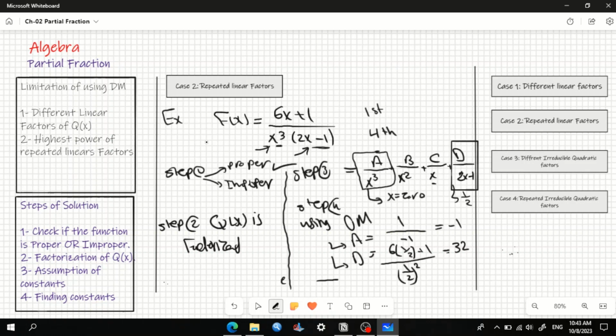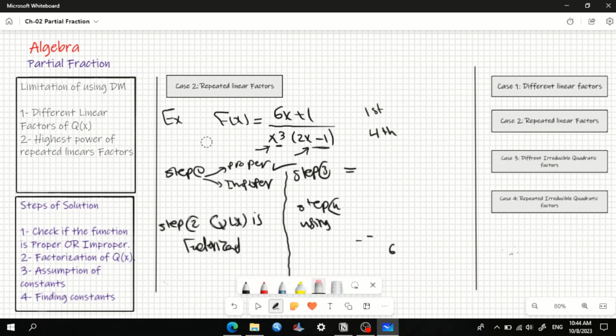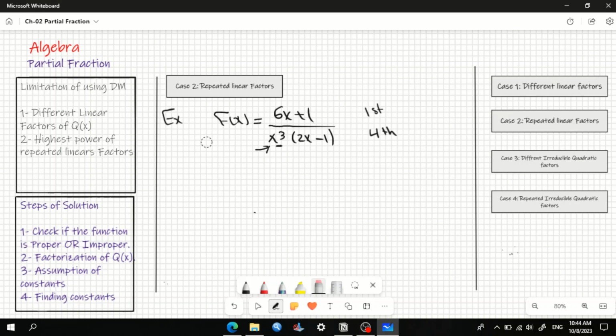And for B and C we can use the substitution method or the comparison method. So using the comparison method to find B and C, the first step is to multiply by the common denominator, multiply by cubic x.